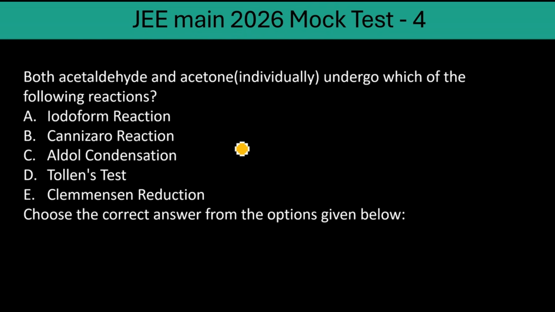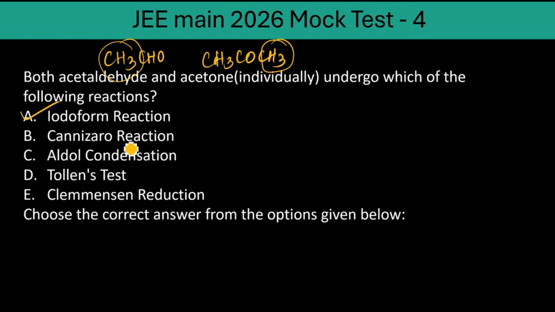Both acetaldehyde and acetone individually undergo which of the following reactions? Acetaldehyde and acetone. Iodoform reaction, yes, it does, as it has a CH3 group attached to the functional group. Cannizzaro reaction doesn't want alpha hydrogens, correct? But here I have a lot of alpha hydrogens, so it will not.